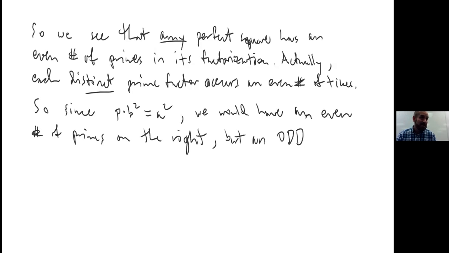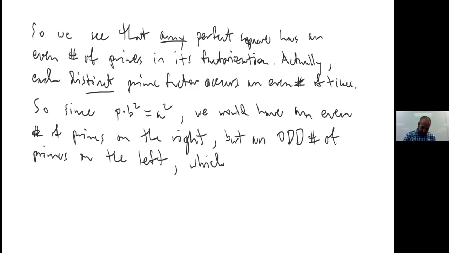An odd number, yeah? But an odd number of primes on the left. But that is just garbage because this was supposed to be the same number. That's why we wrote equals, correct? Yeah? So that is impossible.